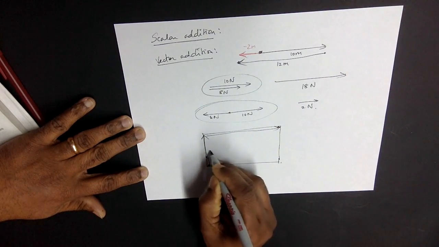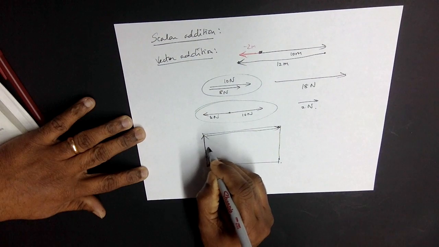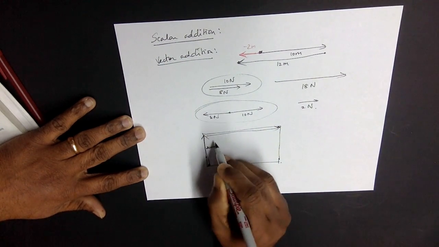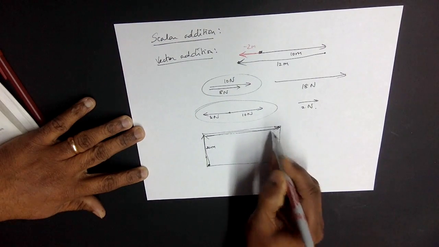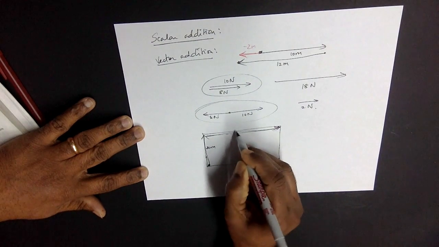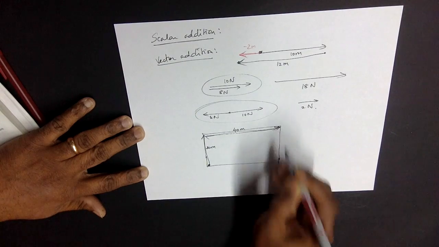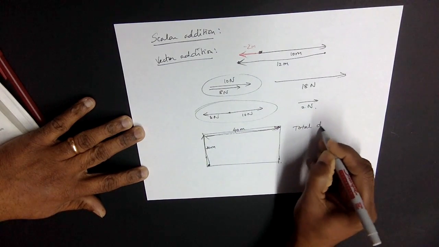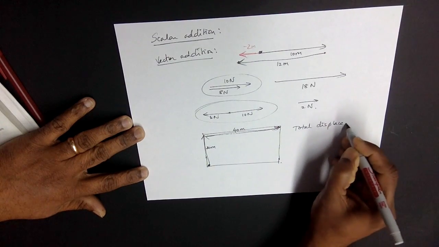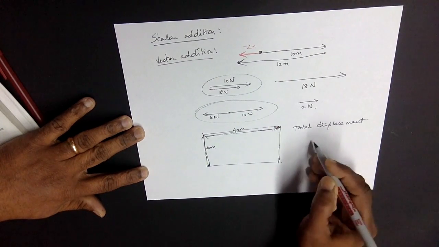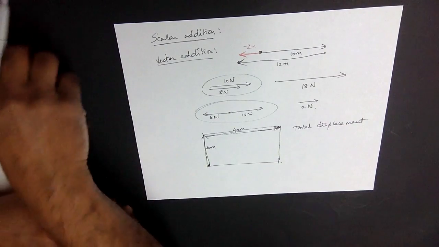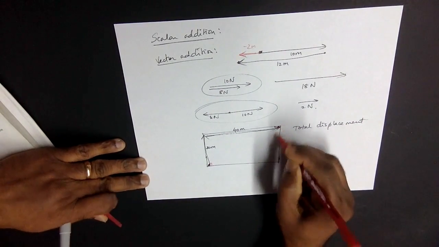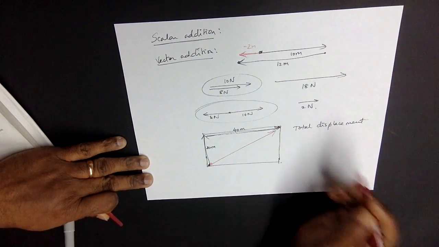And imagine you walked 30 meters that way, and then you walked 40 meters that way. What's the total displacement? Total displacement is going to be this distance from here to here. You were here and now you're here, so that's the total displacement.